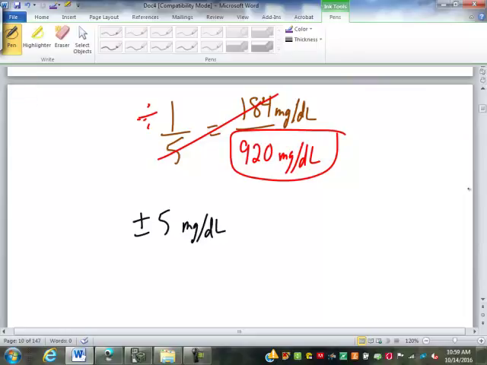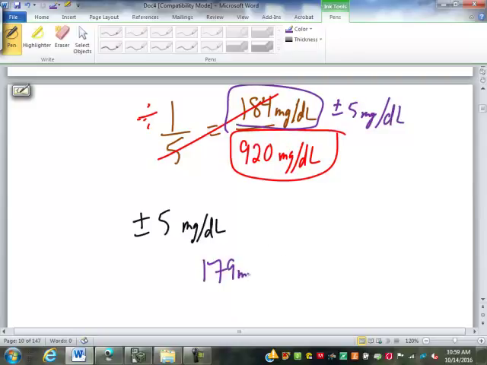So on the diluted sample, that error is still plus or minus 5. But in our result, that error is going to be magnified. And I'm going to demonstrate how that works here. If this result is the plus or minus 5, that means it could have been as low as 179 or as high as 189.